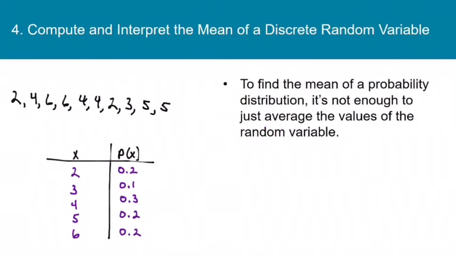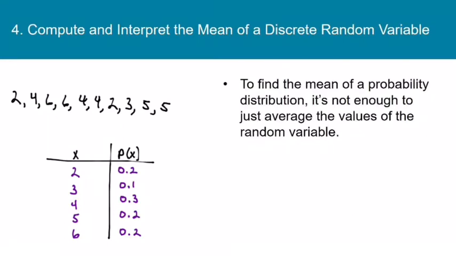Now we're about to talk about how to calculate the mean of a discrete random variable. And what we usually have in front of us is the probability distribution for that discrete random variable. We hardly ever have the actual raw data. So for the last data set we were working with, I've put the raw data here with the probability distribution. And I want to show you something.